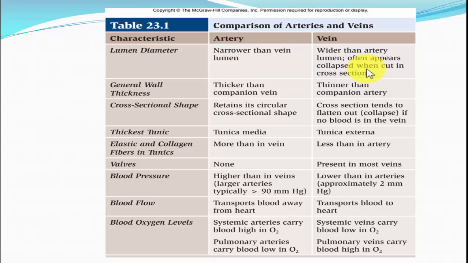If we look at blood pressure, arteries typically have higher than veins, so larger arteries typically have more than 90 millimeters of mercury, whereas veins are lower, approximately 2 millimeters of mercury. Arteries are responsible for transporting blood away from the heart, while veins transport blood to the heart.